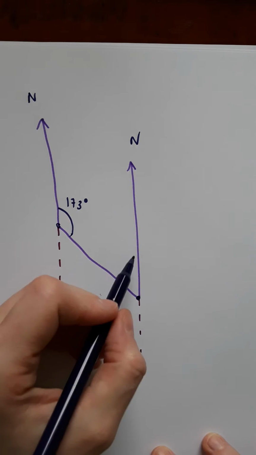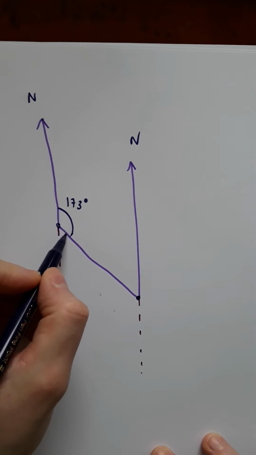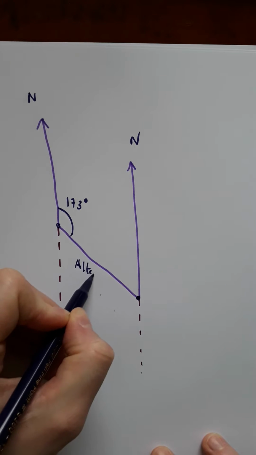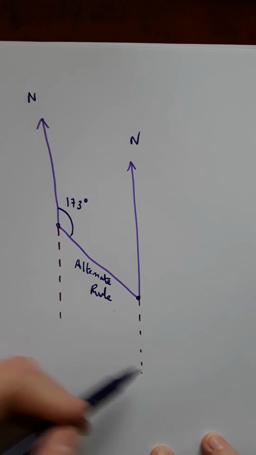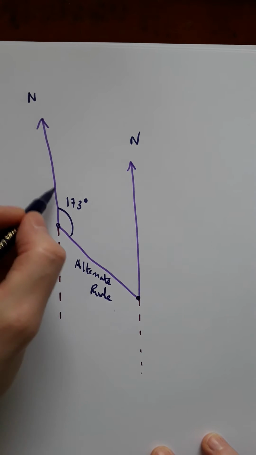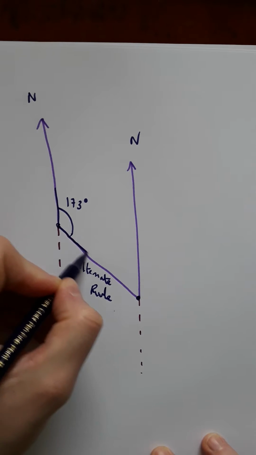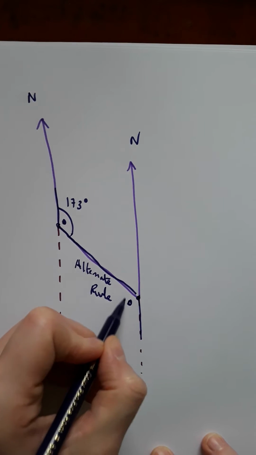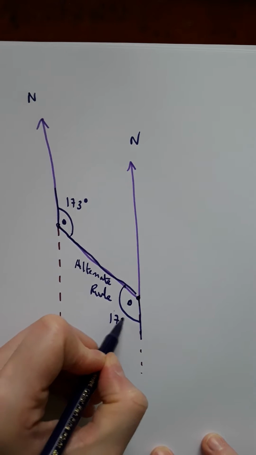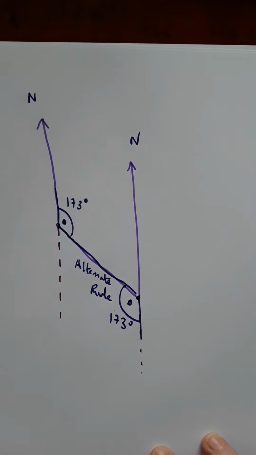Now, I know that because of the alternate rule, which some of you might think of as Z angle, but you mustn't use that terminology, this line here will be the same as this here. So I know that that's 173 degrees.